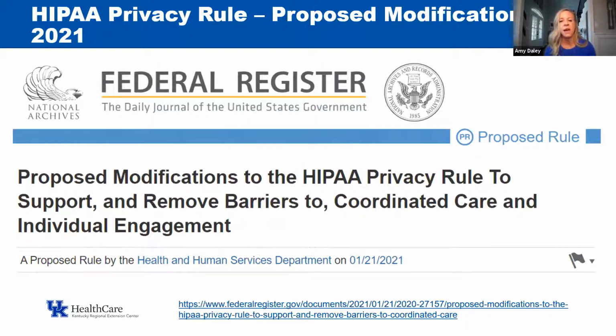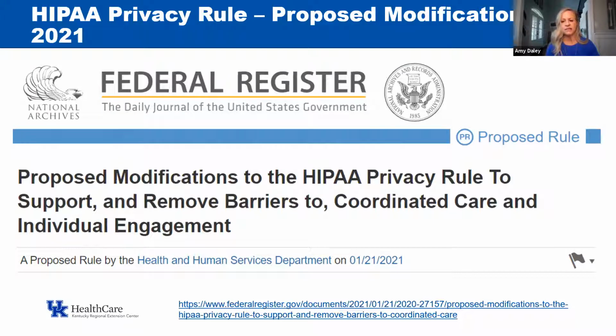Generally, a rule will be released as a proposed rule. The Department of HHS will solicit comments and feedback before they actually finalize the rule. Once the rule is finalized, which could happen later this year, you'll have 60 days before the rule goes into effect. So that's usually how this will happen.